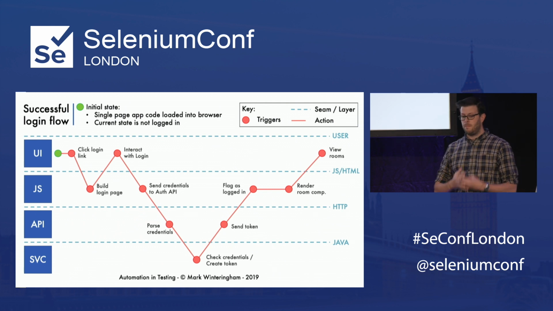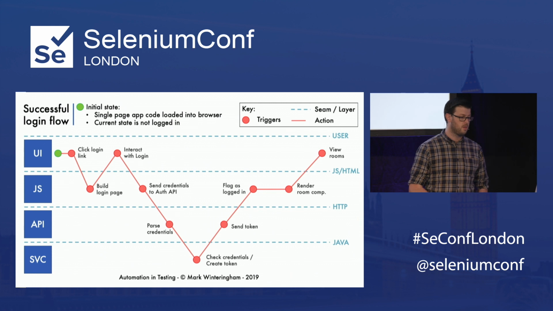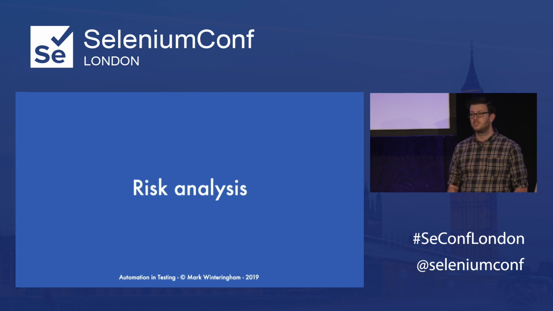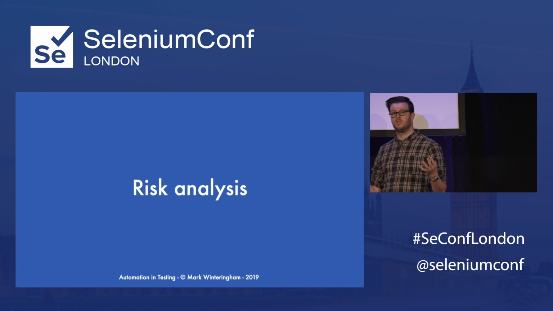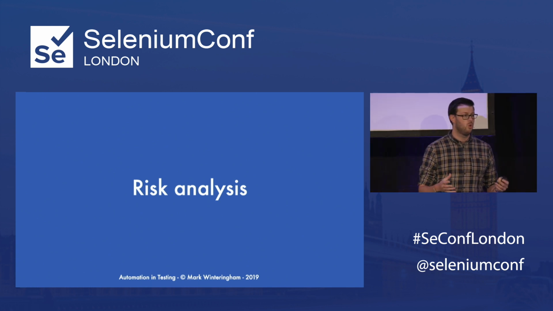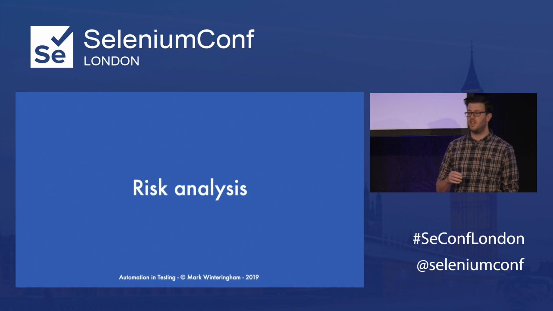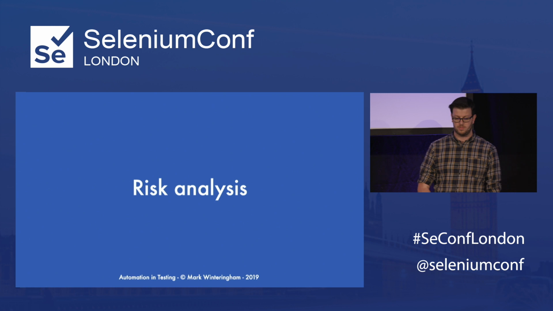But by mapping out the different activities, the different triggers that occur, we can then actually start to dig into our system more. So we can now start thinking about risk again. So rather than that big abstract risk, which is the user can log in, we can start targeting those individual dots. We can start thinking, well, what risks could affect those specific dots?